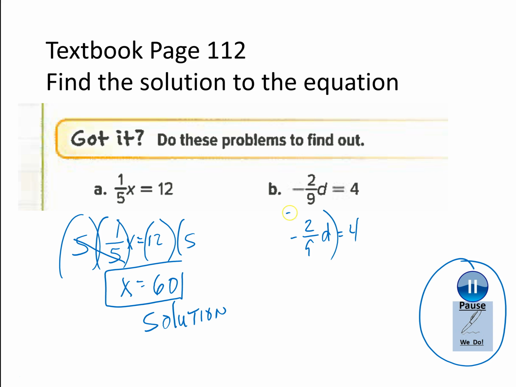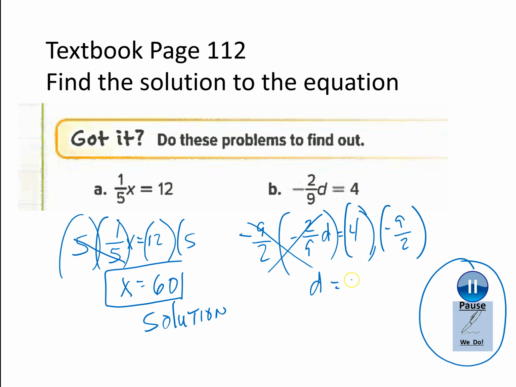So I'm going to multiply both sides by negative 9 divided by 2. This cancels out. I have 1d by itself, and a negative times a positive is negative, so I automatically know my answer is negative. It's going to give me a negative 18.